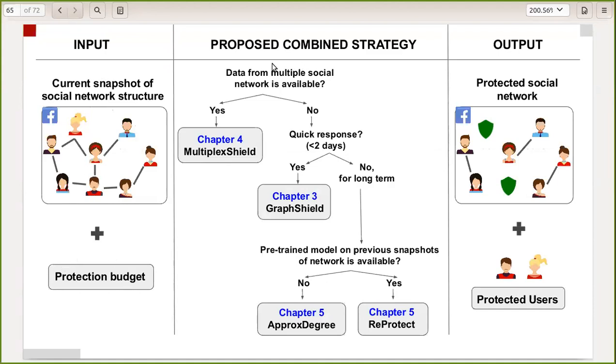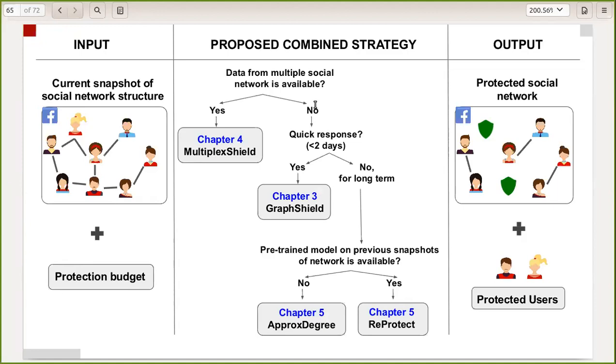We propose this combined strategy from the previous methods. Which one should be used? The first question is: is data from multiple social networks available? I mean, can we use the information from another social network to handle the current social network? If yes, then we can use the multiplex cell, our second one.